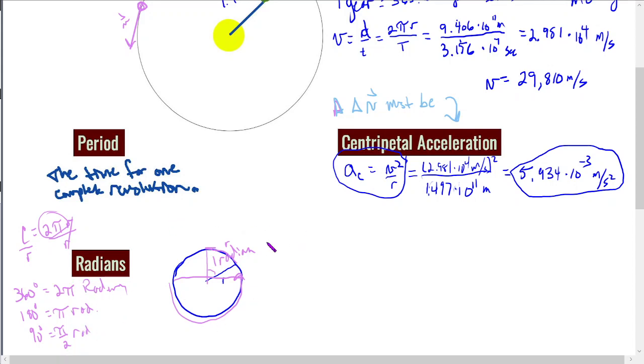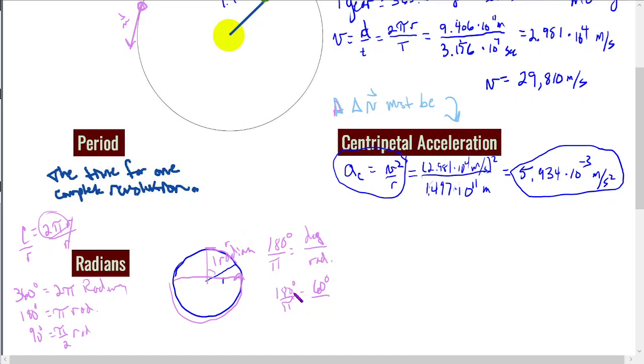And you can do the same math. Let me do it the other way. That 180 degrees over pi is proportional to your degrees over your radians. So let's say we take 60 degrees. 180 over pi equals 60 degrees over what number?